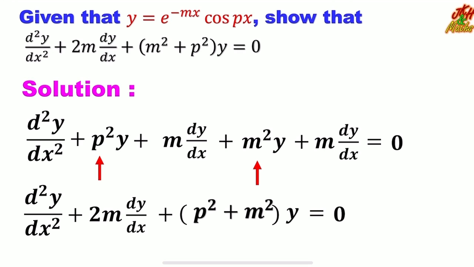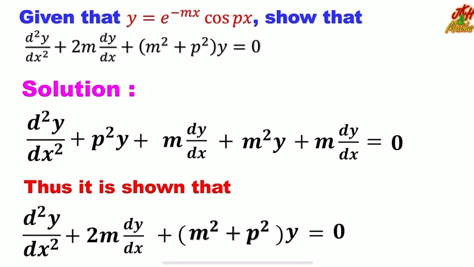Since addition obeys the commutative law, where the commutative law says that p square plus m square is equal to m square plus p square, therefore we successfully proved that the second derivative of y with respect to x plus 2m times the first derivative of y with respect to x plus, in the bracket, m square plus p square, multiplied with y, equals 0.